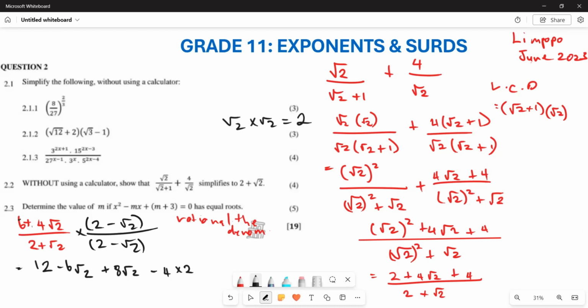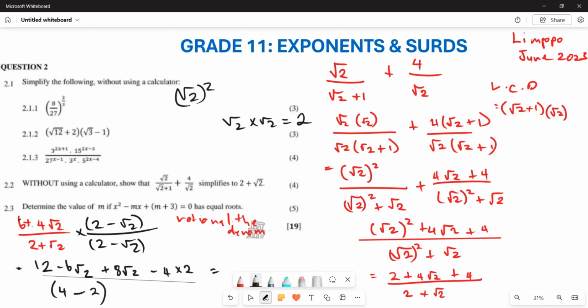And now in your denominator, remember this is going to be a difference of two squares. What is 2 squared? This is just 4, subtract root 2 squared, which is 2. So your denominator is going to be like that.